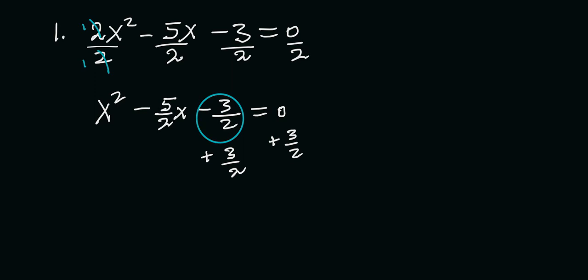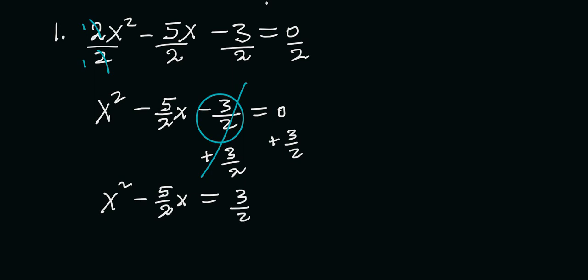So when we do that, automatically this will cancel out. So now the equation becomes x squared minus 5 over 2x equals 0 plus 3 over 2, and that will still be 3 over 2.